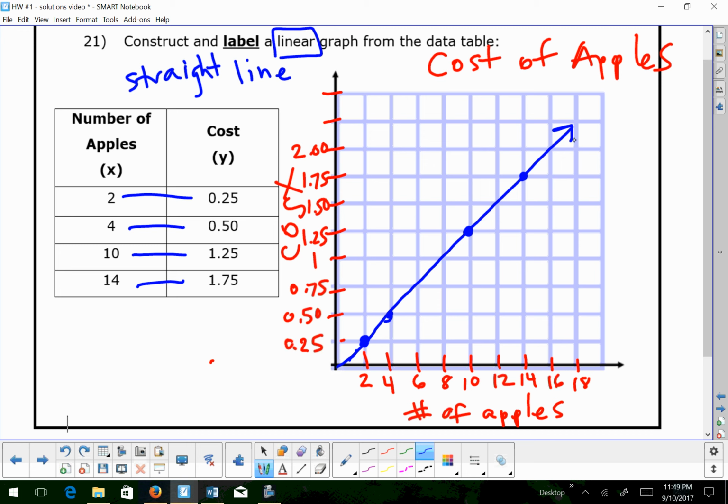But I am going to draw an arrow up here because if I wanted to, I could buy more apples. And the cost would keep increasing. The more apples you buy, the more money it costs. So when we describe this, we would say, as the number of apples increases, the cost also increases.